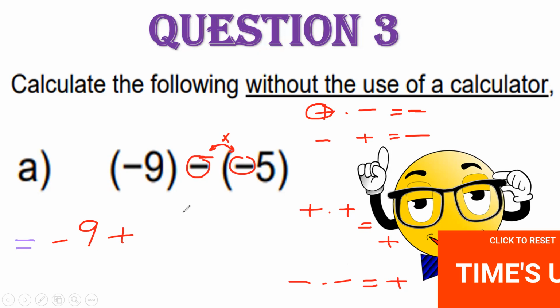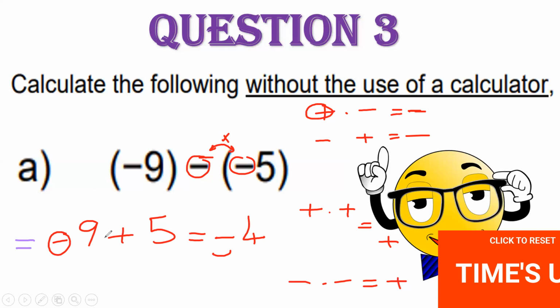So negative, negative, making positive, and we have +5. Okay, what's our answer now? Answer is -4. How are we getting it? Just choose the bigger number. Our bigger number is 9. It is negative, so we are writing negative here. And subtract one from the other.